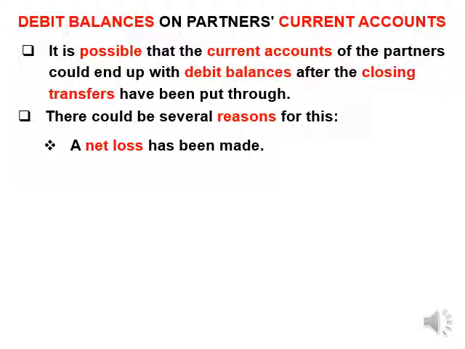But if a net loss was made, we debit the appropriation account with the net loss and credit the profit and loss account. To transfer the net loss, we then credit the appropriation account and debit the current accounts. So that can result in a debit balance in the current accounts.